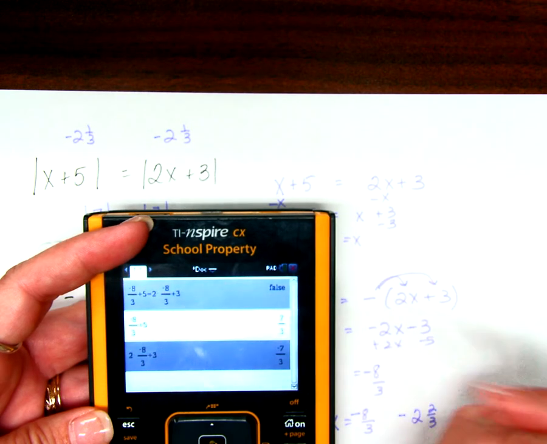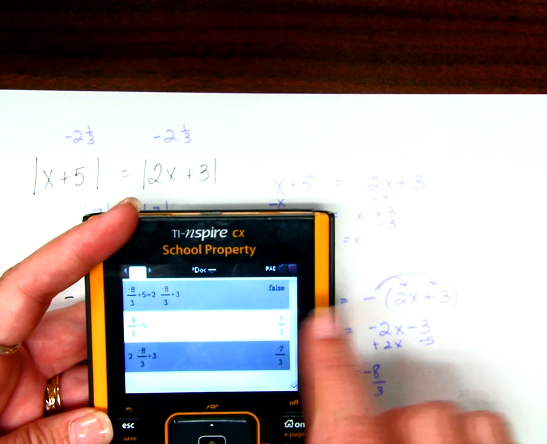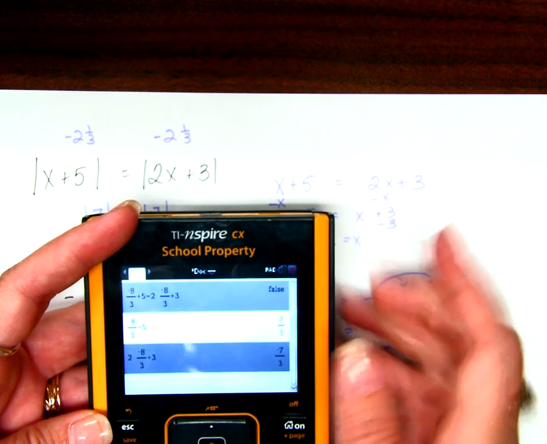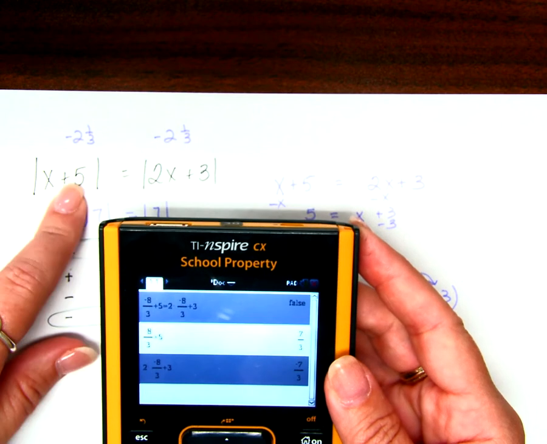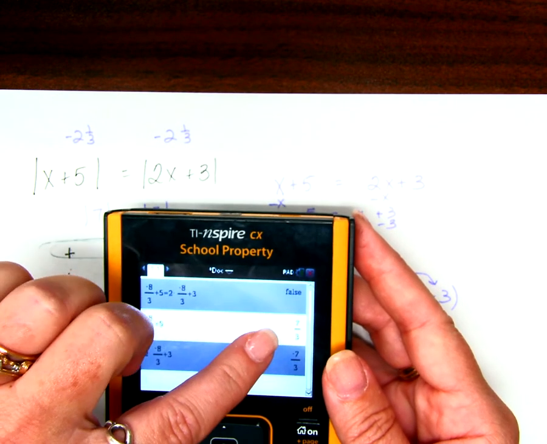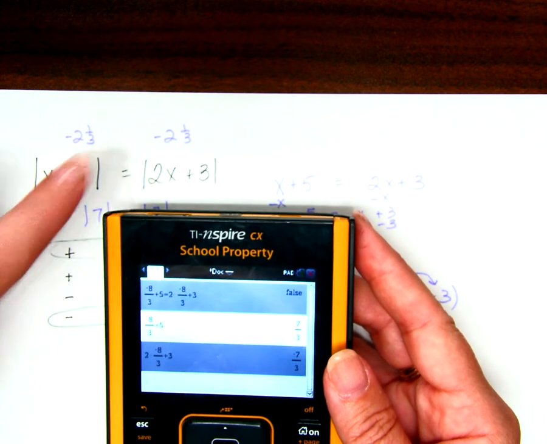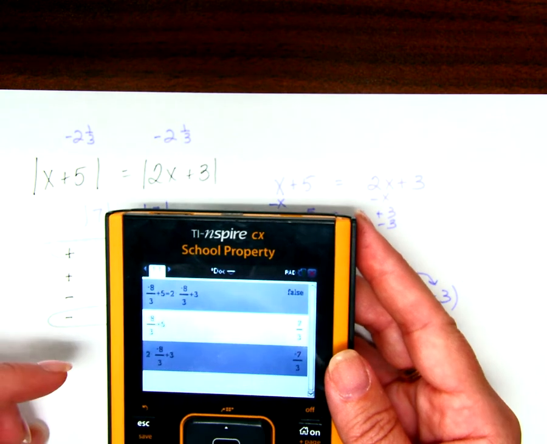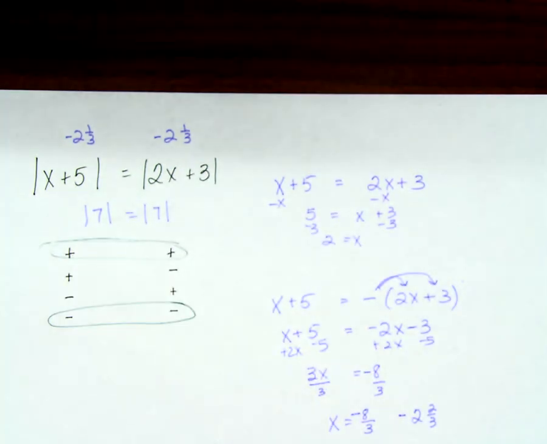Does 7/3 equal negative 7/3? No, it doesn't. That's why it said false. But we're dealing with absolute values. Does the absolute value of 7/3 equal the absolute value of negative 7/3? Yes. Okay. Sorry about that. Do you understand how to use your calculator, though?